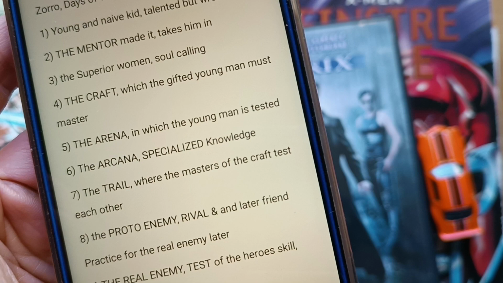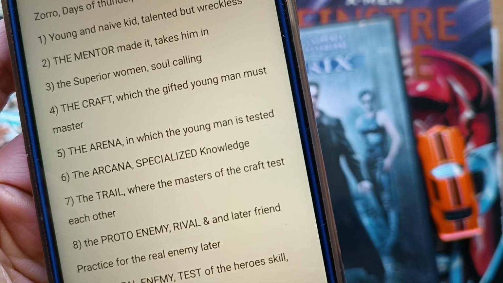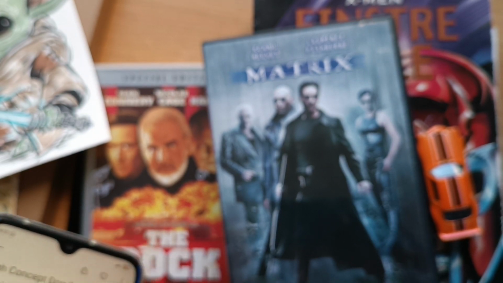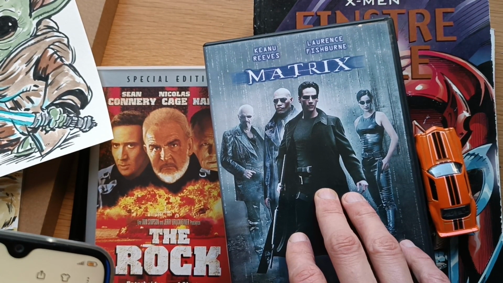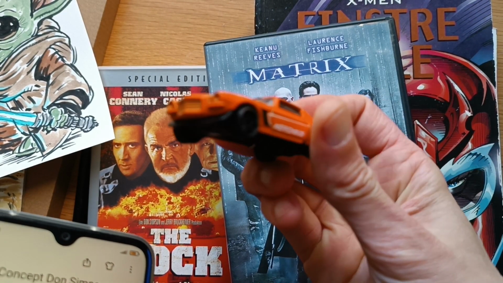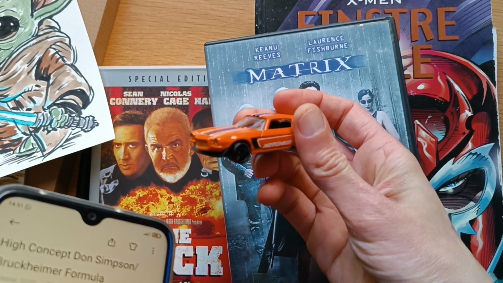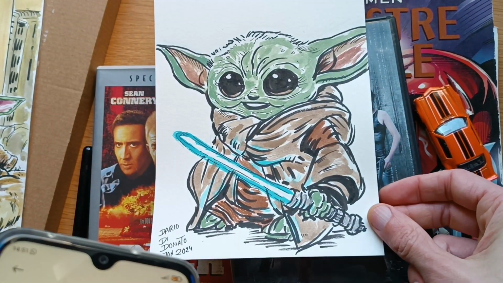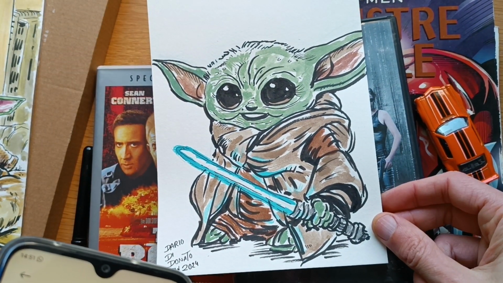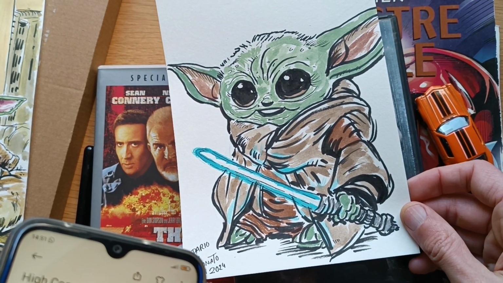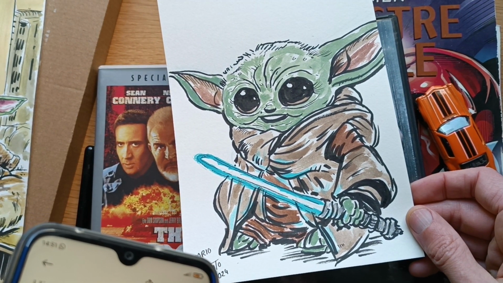Then there's the trail, where the masters of the craft test each other. In the Matrix, it's maybe Neo versus Morpheus. In Days of Thunder, it's where they race against each other. Luke gets tested several times. He even fails several times, and he even fails at the end to beat the evil.